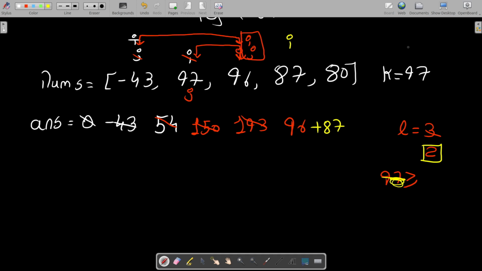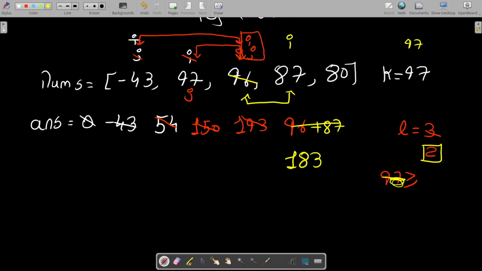Because the sum of both is of course greater than 97. So if I remove this, let's suppose what is 96 plus 87, so we would have 183 here, but the length is the same because our I and j are here.